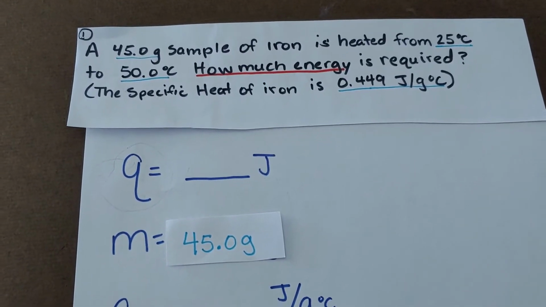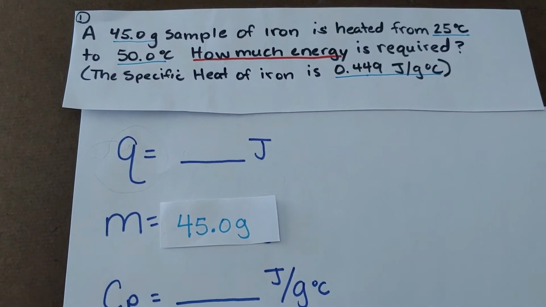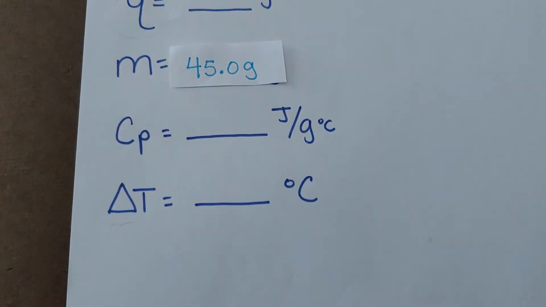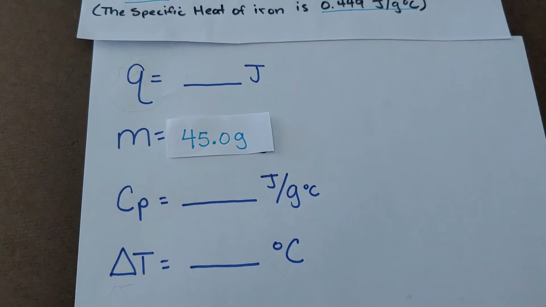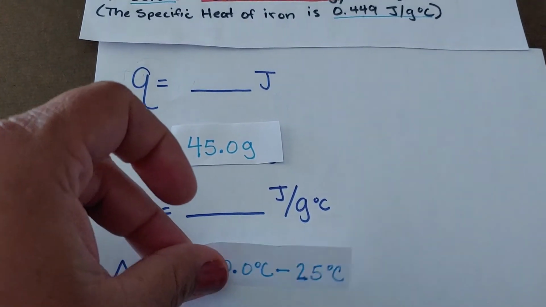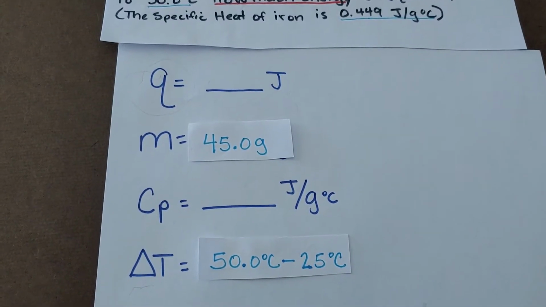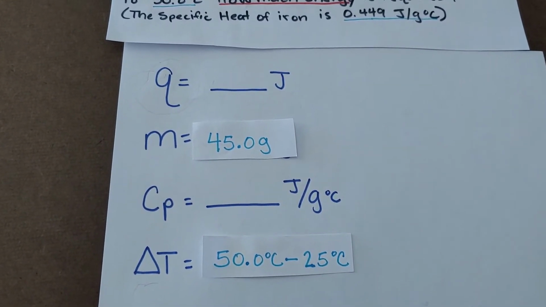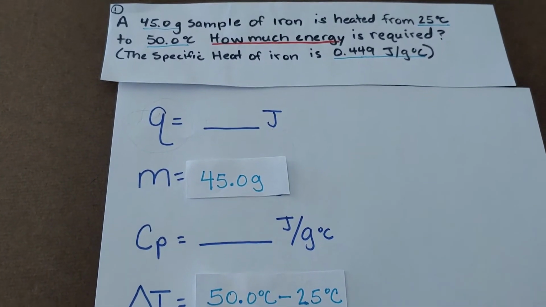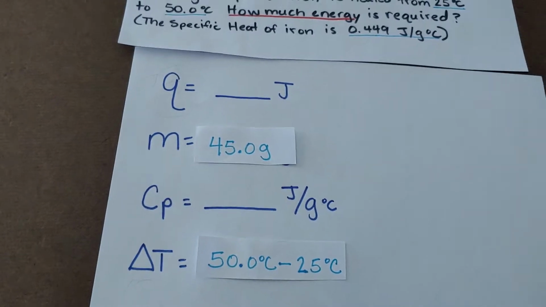The next thing we see is that it's heated from 25 degrees Celsius to 50 degrees Celsius. Looking at our chart, if something is in degrees Celsius, that would be the change in temperature. Don't forget that change in temperature is the final temperature minus the initial or starting temperature.